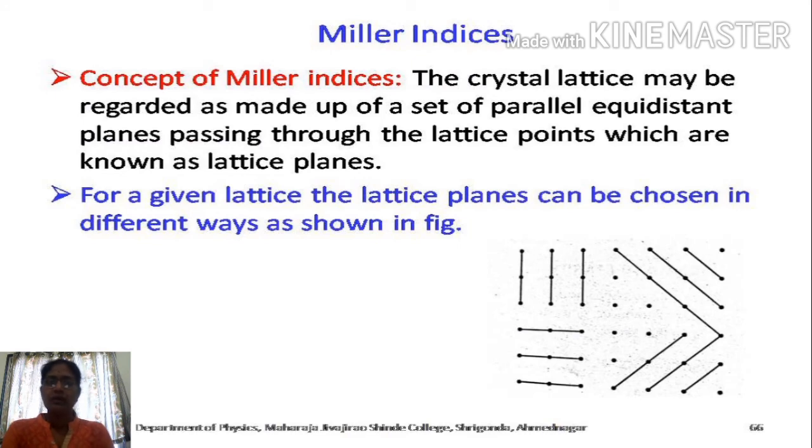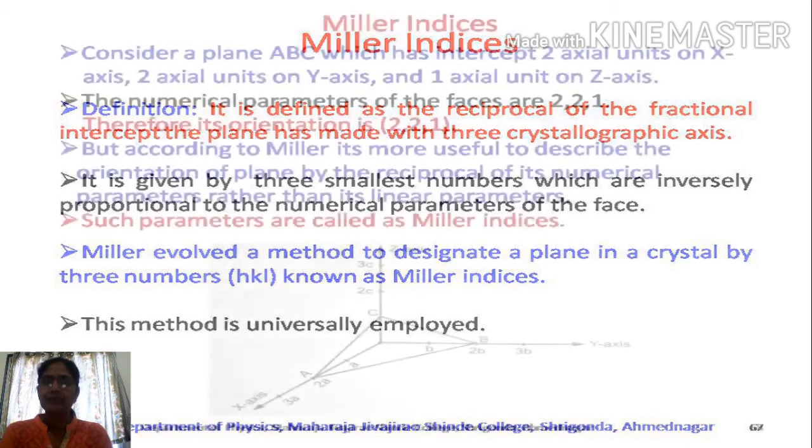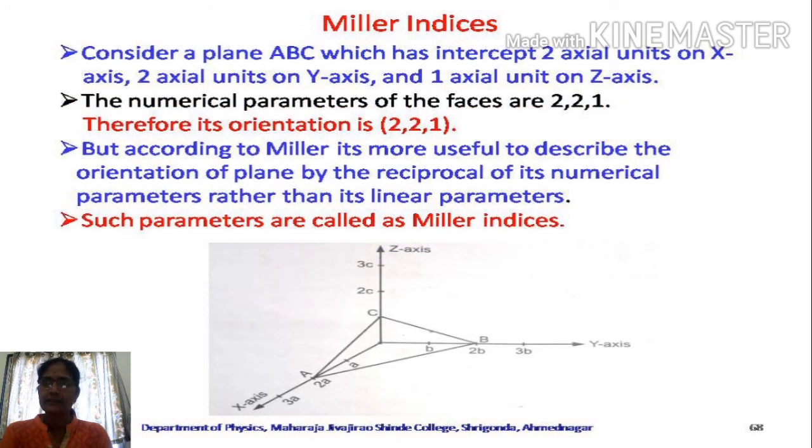So today we have seen what a Miller index is and the necessity of finding the Miller index of a plane. Miller index is nothing but the reciprocal of the fractional intercept made by a plane with the three crystallographic axes. They are mentioned by small hkl in a bracket. It is universally accepted.